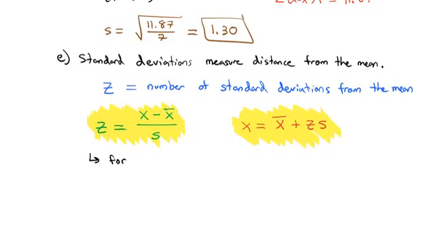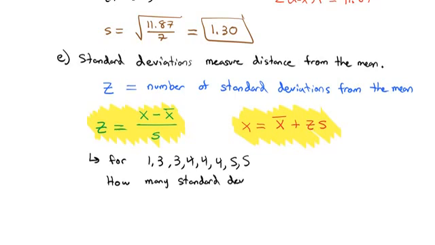Let's say for our data, 1, 3, 3, 4, 4, 4, 5, 5, we want to know how many standard deviations from the mean is the median.